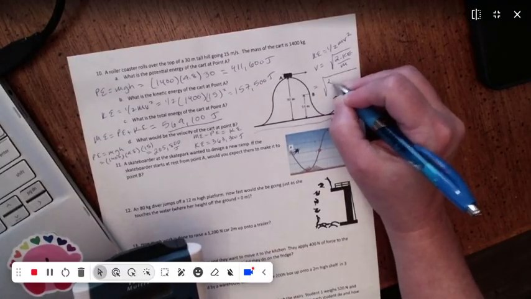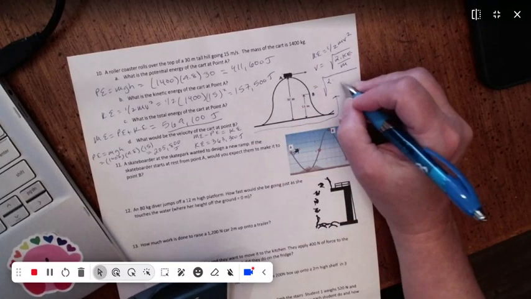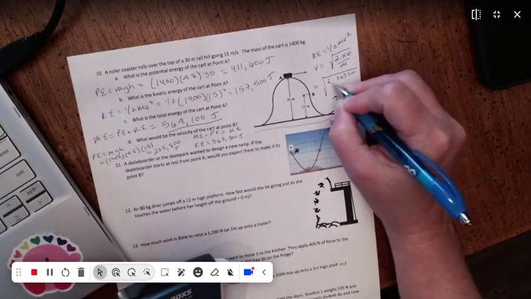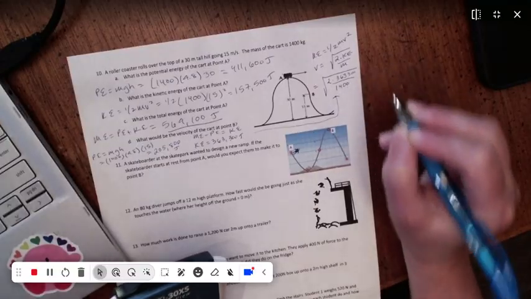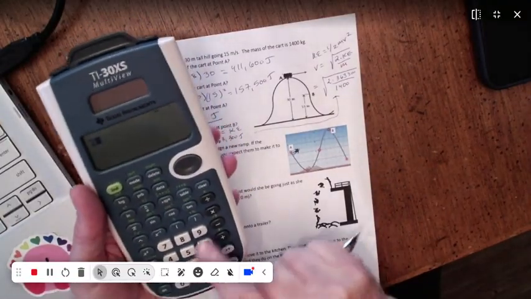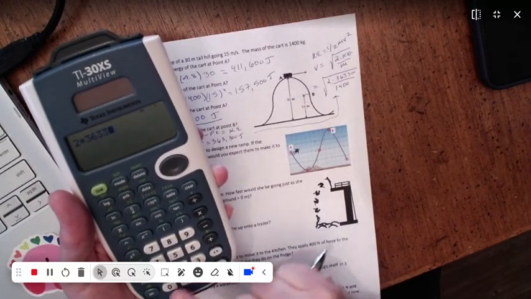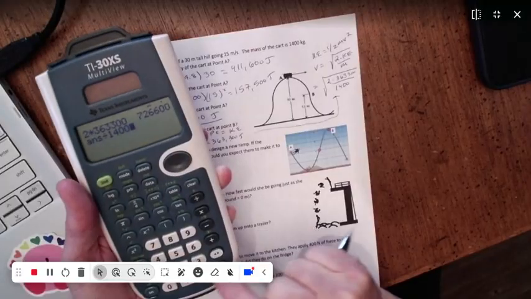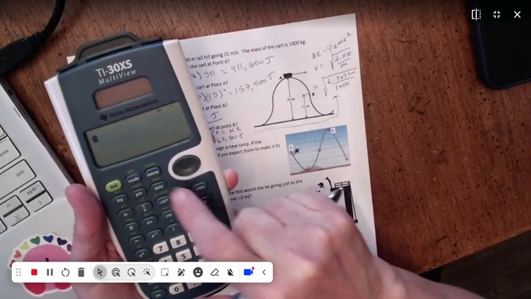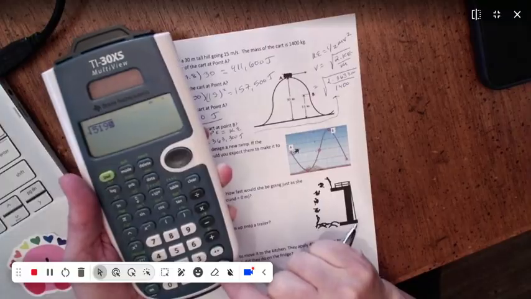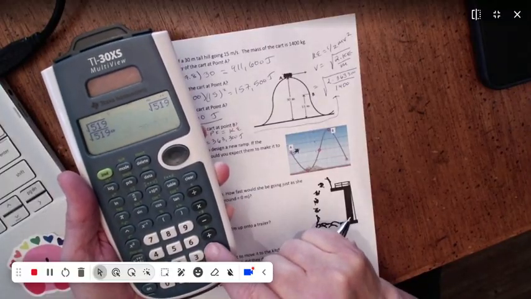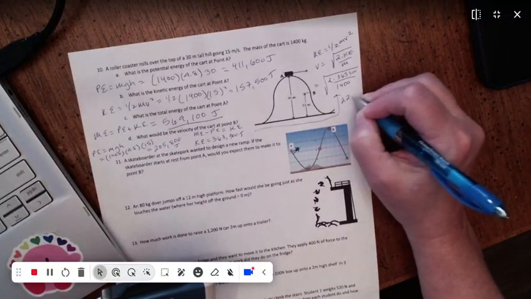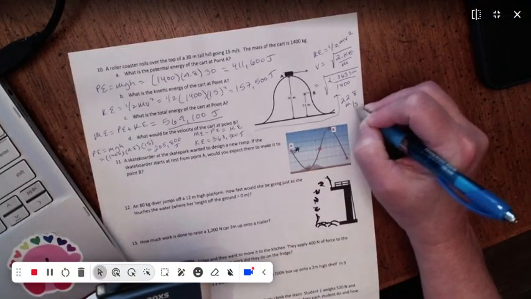So I've got 2 times 363,300 divided by 1,400. Let's take the square root of all that. That's 519, so I'm going to take the square root of 519. That gives me 22.8 meters per second as my velocity at that point.